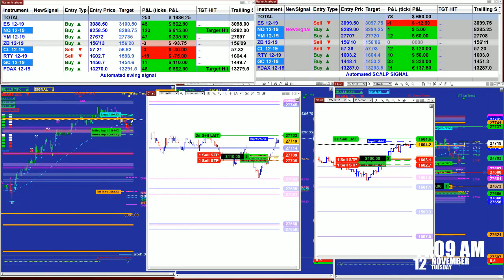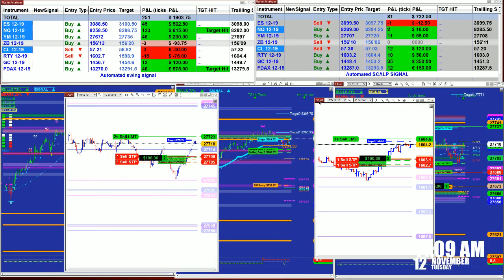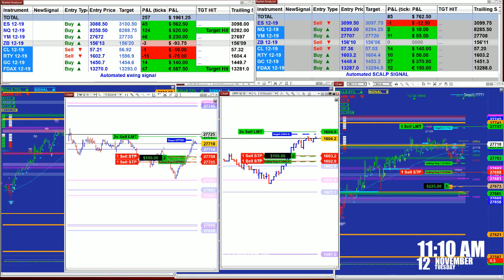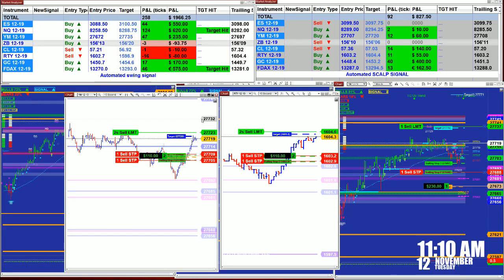Okay, and now we have two more left. Those are the last new entry signals we have on the Russell. And this is another 220.